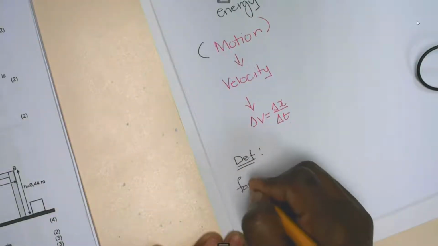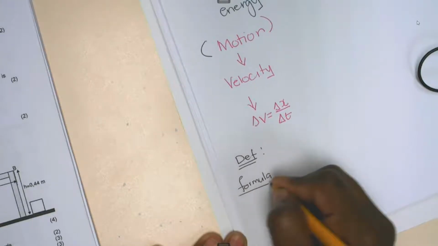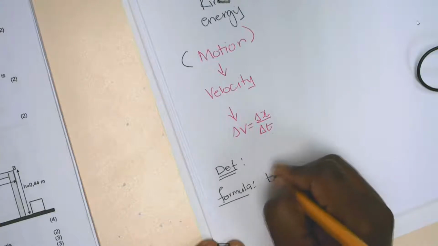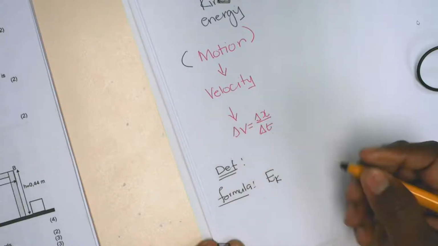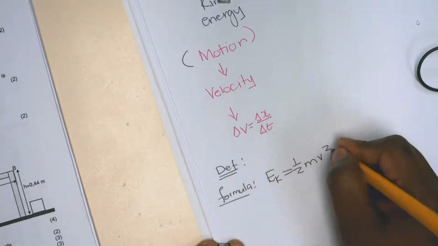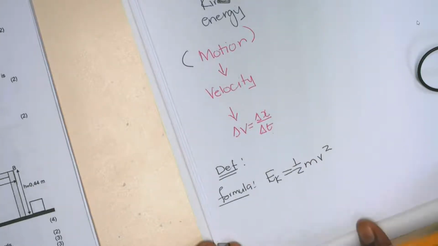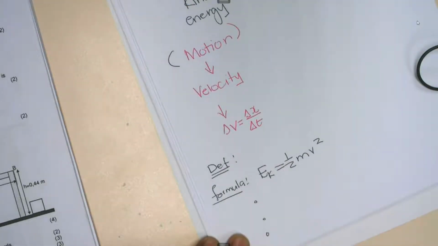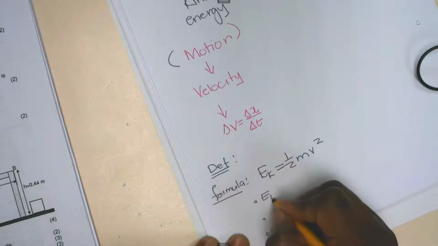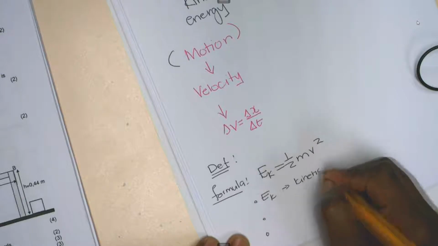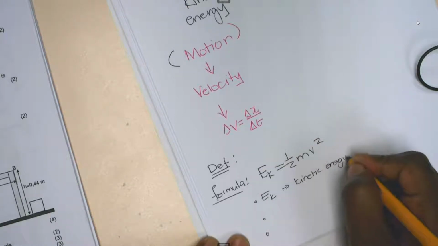Then the second thing is the formula. The formula is EK, sometimes they just use a capital letter K, equals half mv squared. And then the symbols, you must know the meaning of these symbols. EK is kinetic energy.